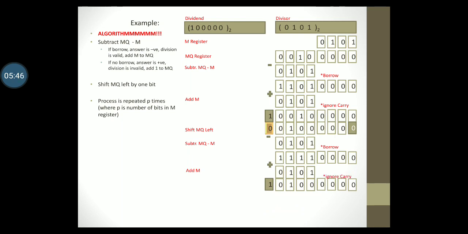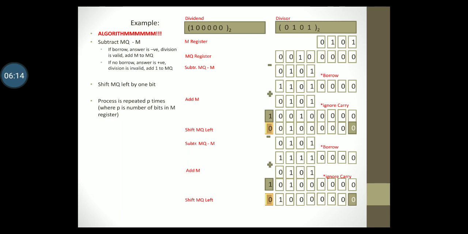We'll ignore this carry. Next, we need to shift MQ left by 1 bit. Shifting MQ left by 1 bit looks like this. Since we have shifted 1 bit out, another bit has to enter from the right side. Let that bit be 0. This completes 2 times of the entire process.